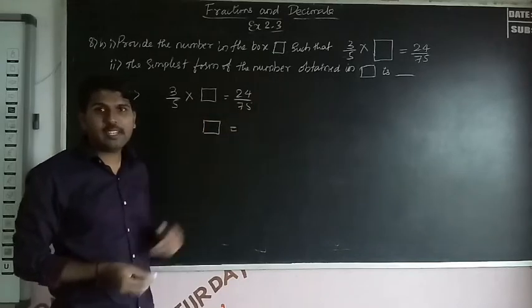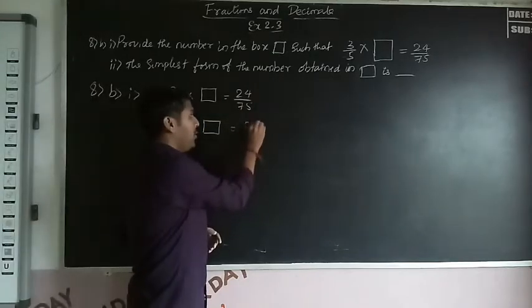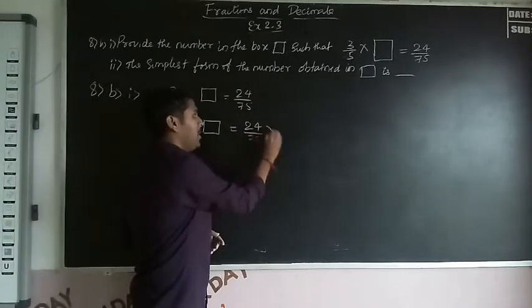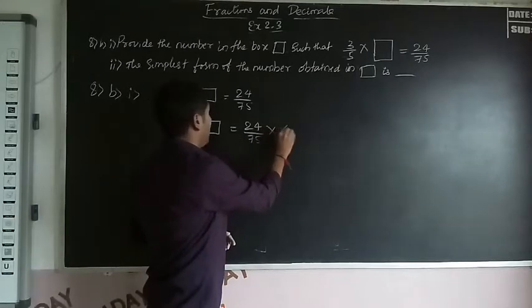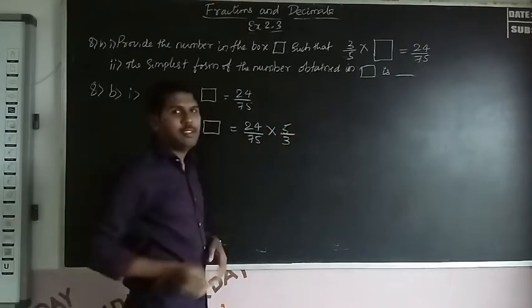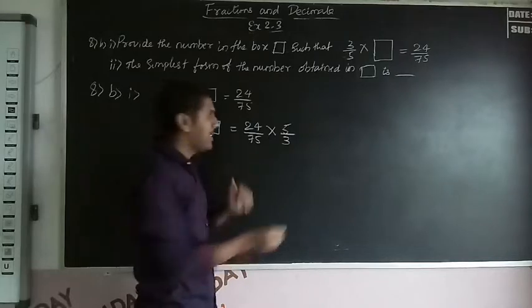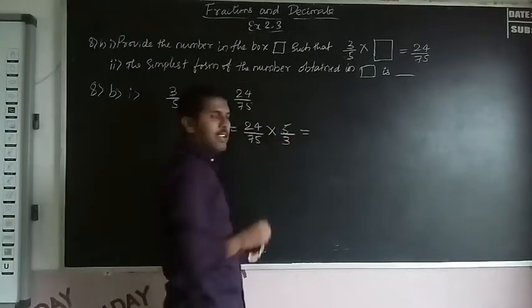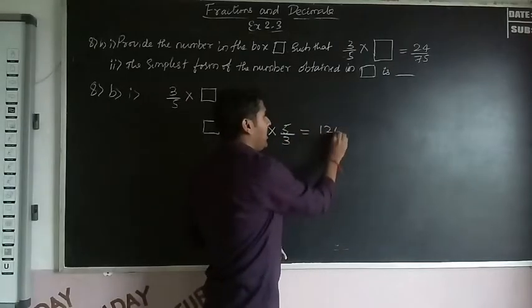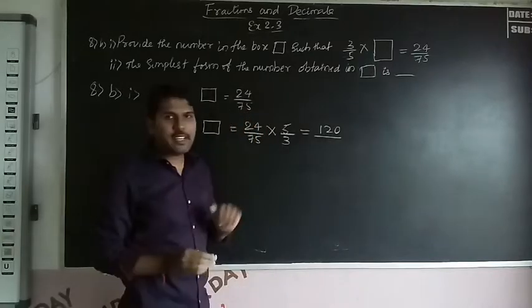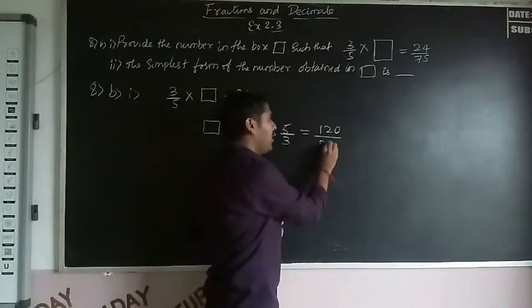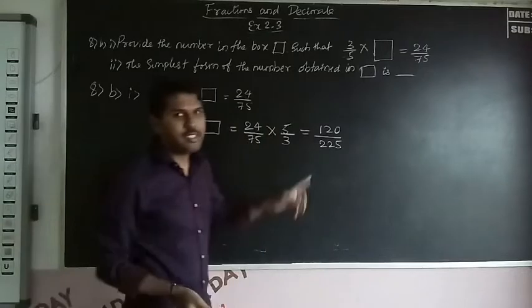So you should write down the reciprocal form here: 24 by 75 into 5 by 3. So first multiply. Don't cancel it. 24 5s are 120. 75 3s are how much? 225. So this is the first one.